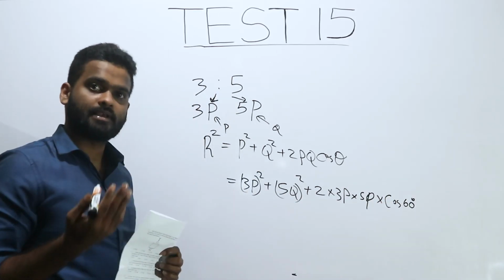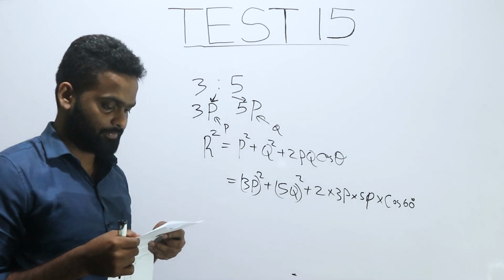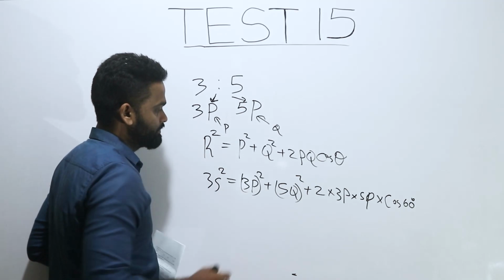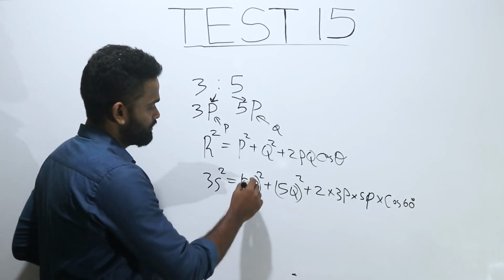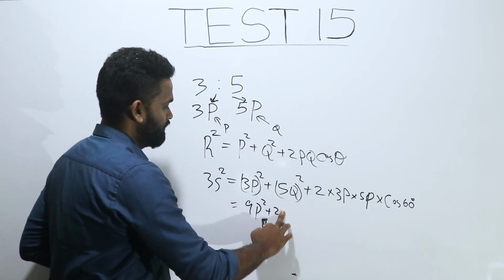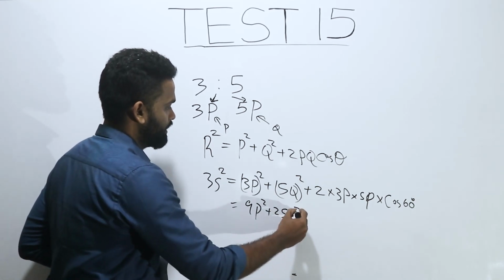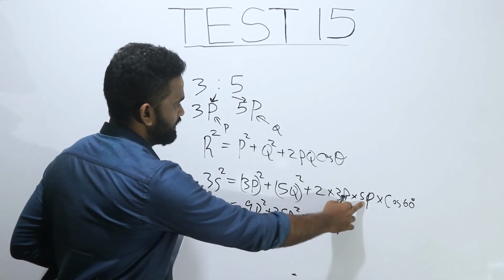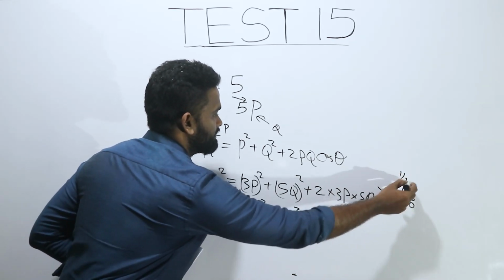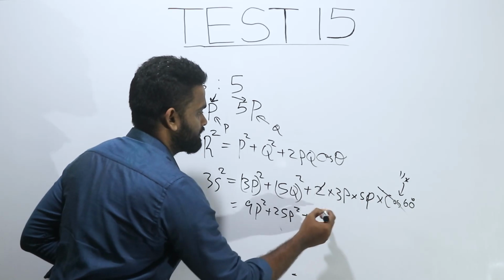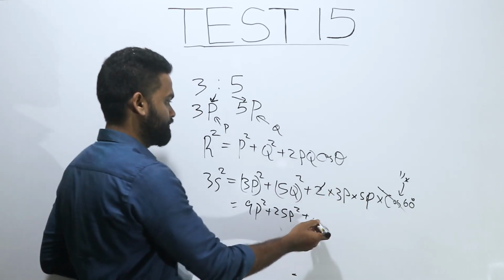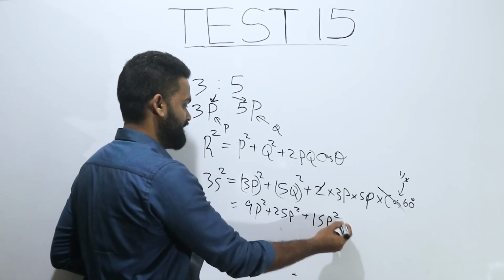They have given the resultant as 35 Newton. So 35 squared equals 9p squared plus 25p squared plus 6 times... cos 60 is half, right? Cos 60 is half, cancels off. 3 times 5, that is 15p squared.